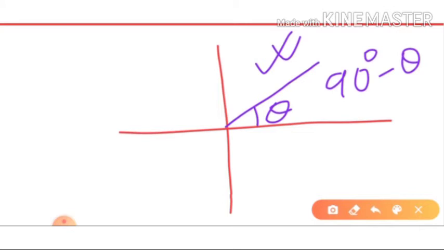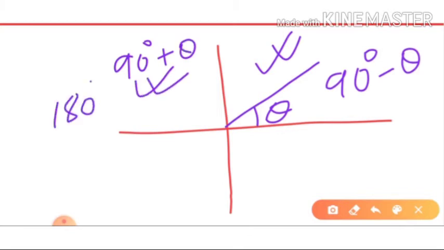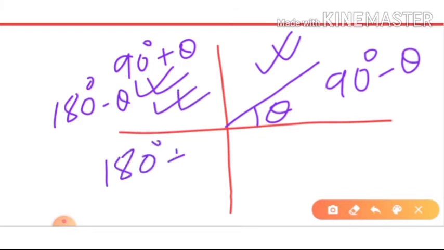Now when you say 90 degree plus theta, it will fall in the 2nd quadrant, and even 180 degree minus theta also will fall in this 2nd quadrant. This one will be 3rd quadrant, 180 plus theta, and this is 270 minus theta.